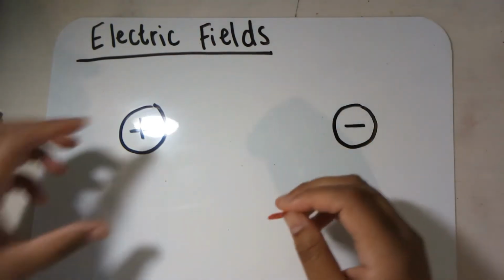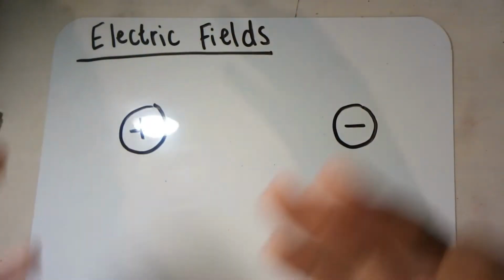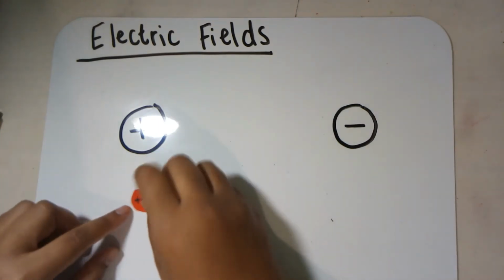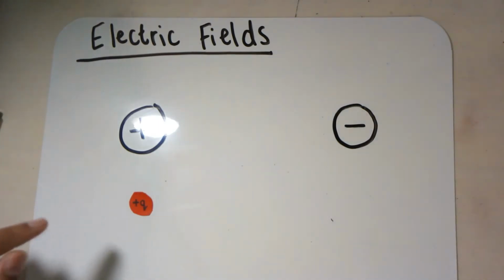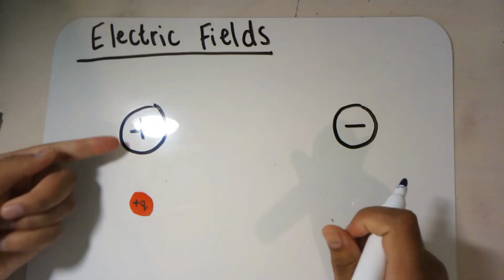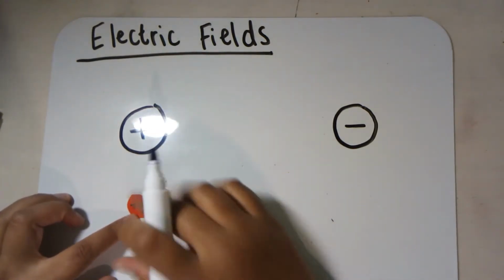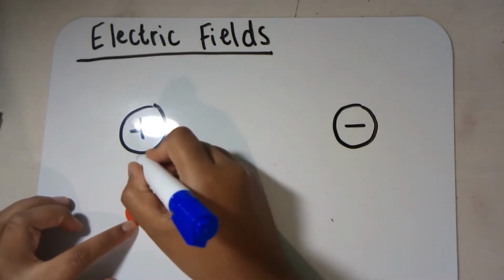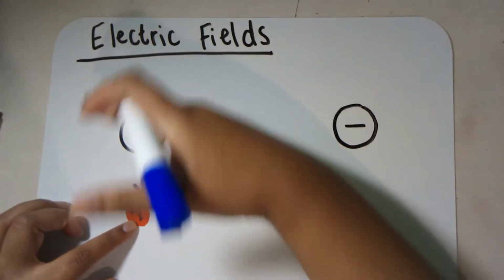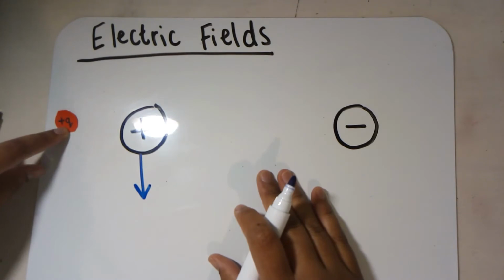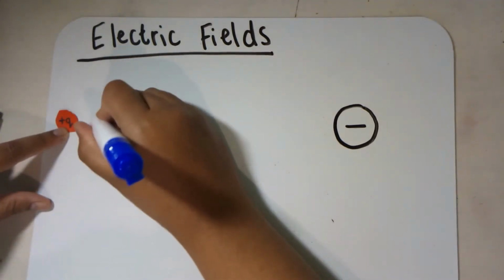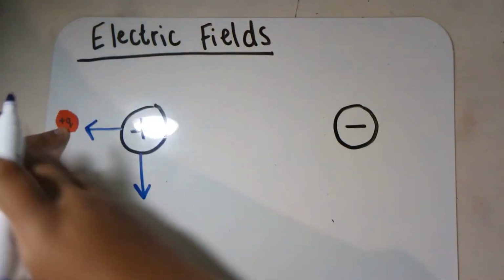So let's test that out. Around every charge, there is a field. If I have this positive charge here, the force that this charge will experience will be in this direction, because it is positive and like charges repel, so it will push this one away. If I put this charge here, it will move that way because it will be pushed away.